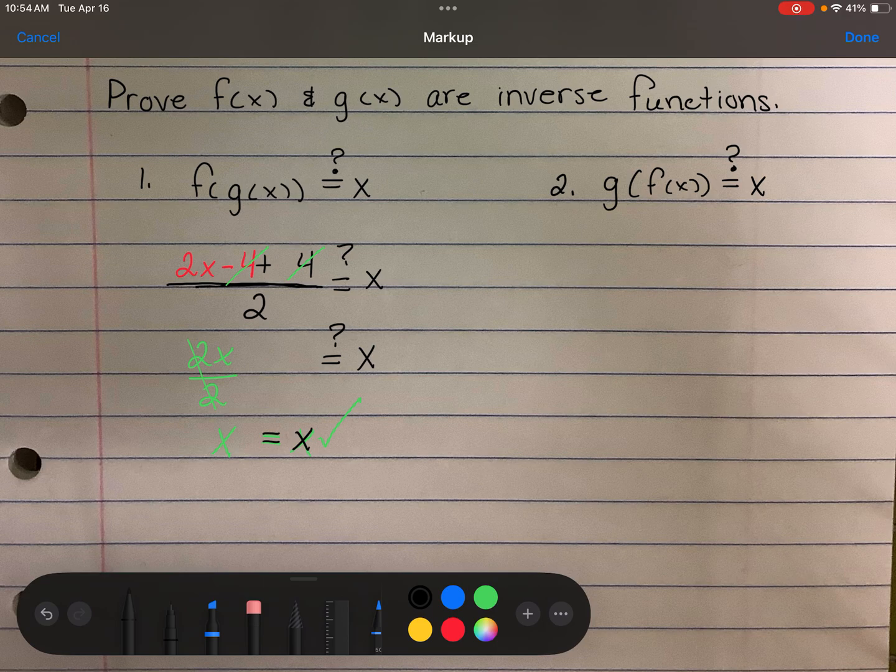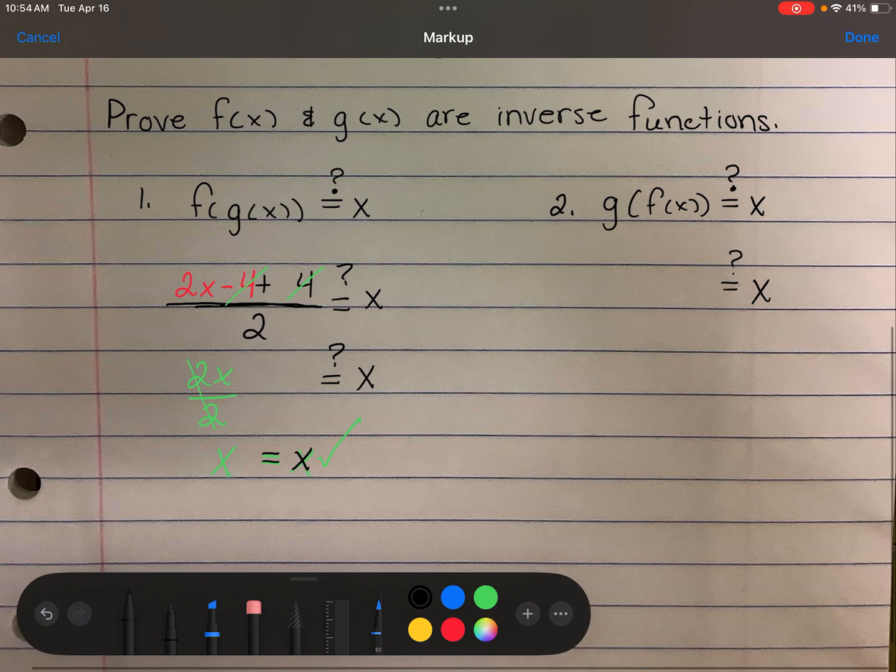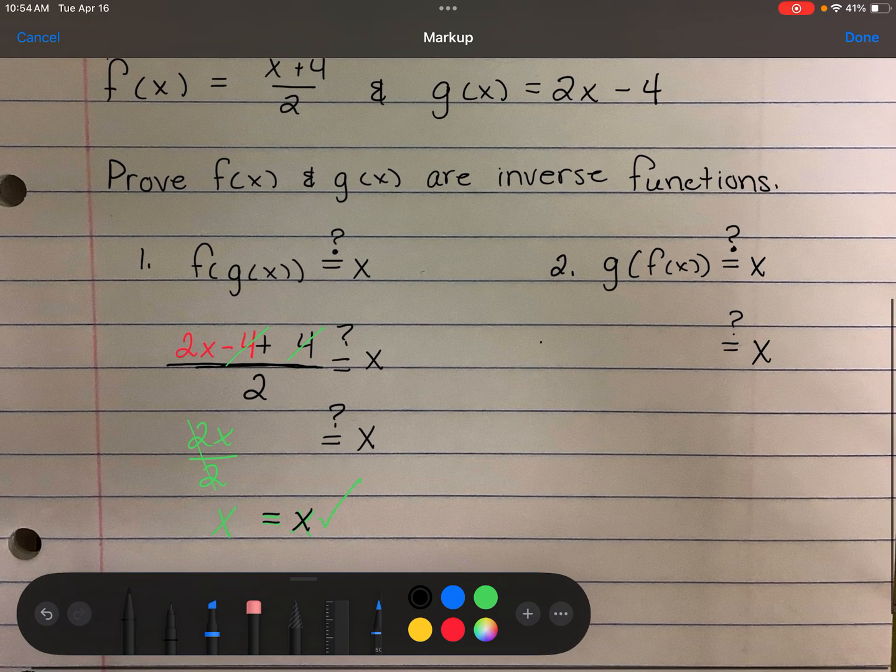All right, for the next one, we're going to do g of f of x. So we're just going to bring down that right side, the g function. The g function is 2x minus 4. But instead of the x, we're going to replace it with the f function, which is x plus 4 divided by 2.